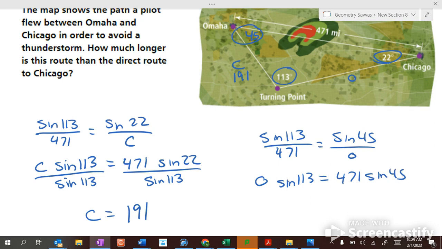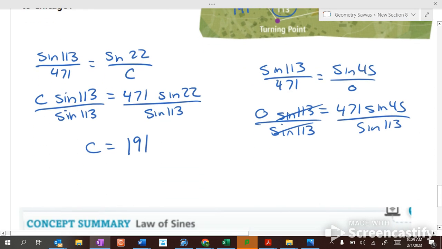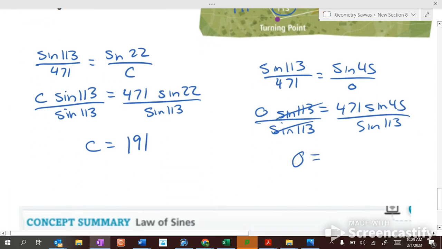And then we divide by the sine of 113. So take 471 times the sine of 45, press equals, divided by the sine of 113, press equals. How big is O?